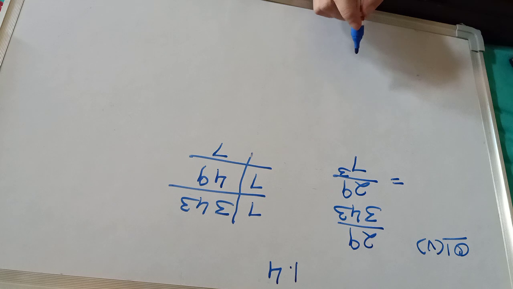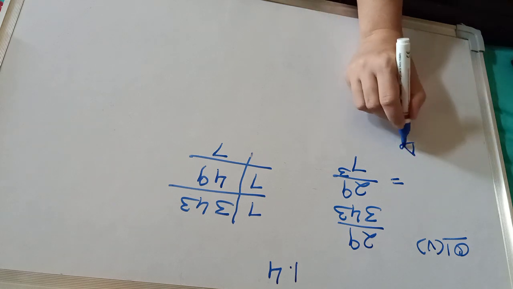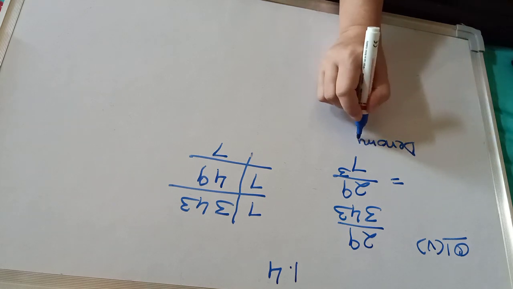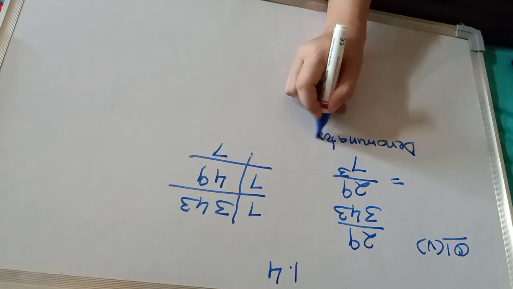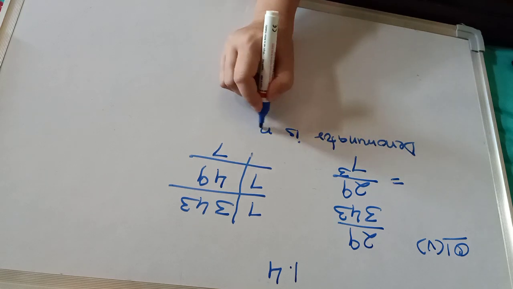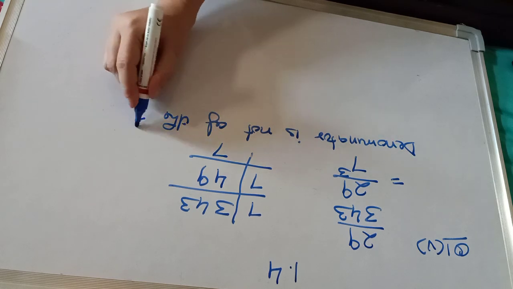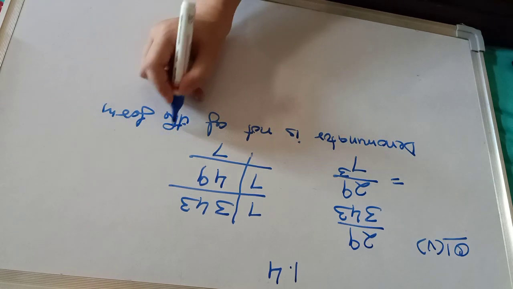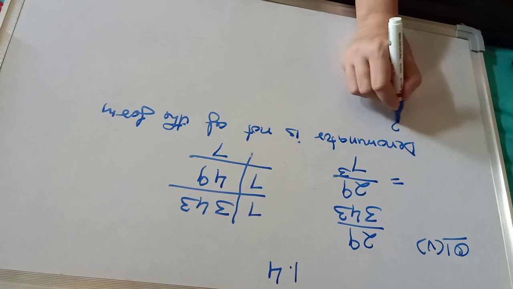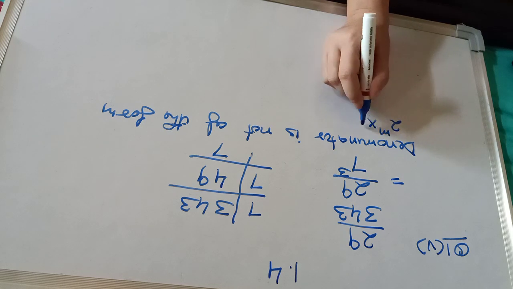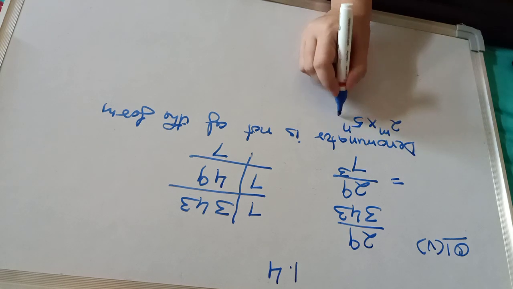So its denominator is not of the form 2 raised to power m into 5 raised to power n.